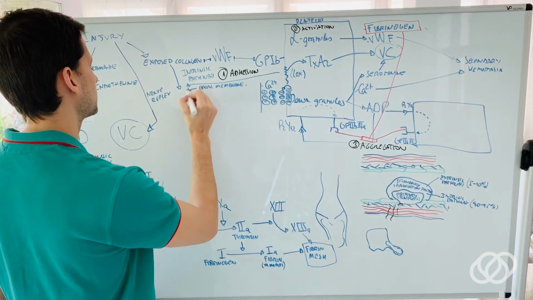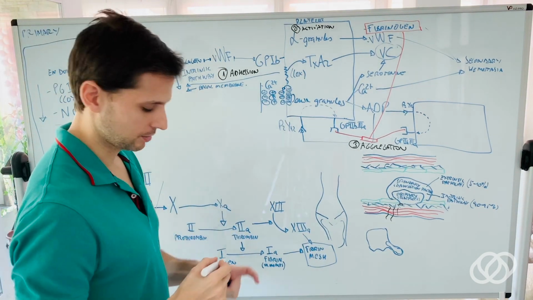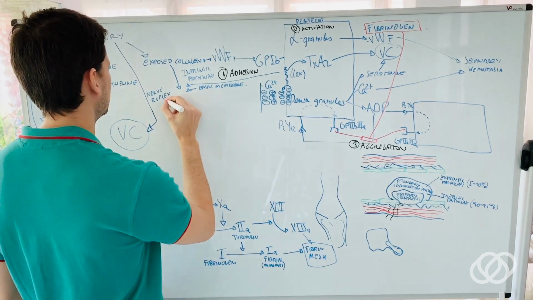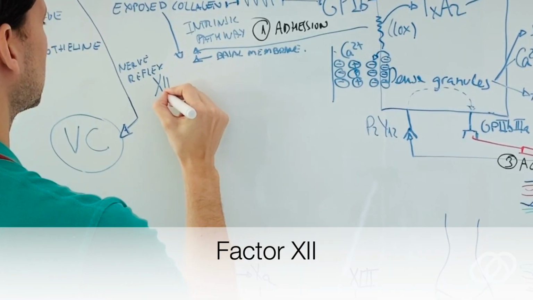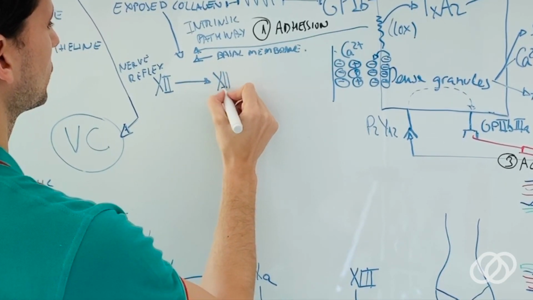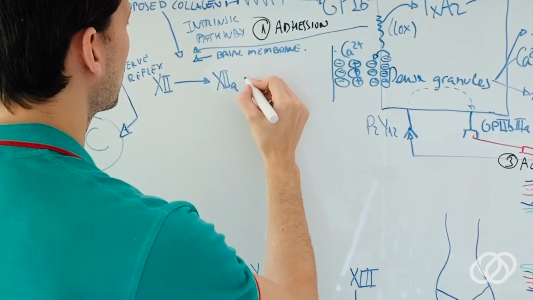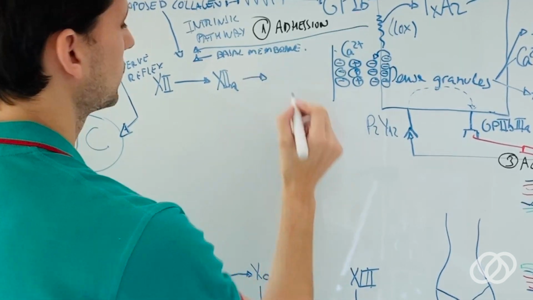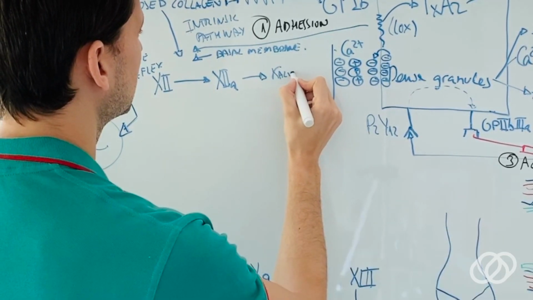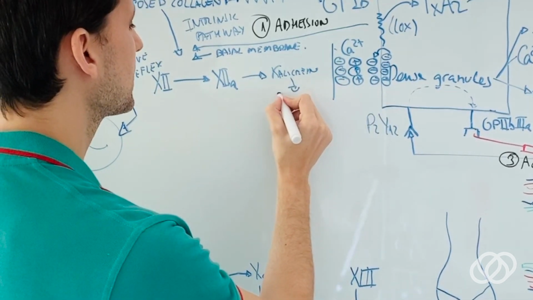All of them can start it. In that case, the coagulation factor that will be activated is factor 12. Factor 12 gets activated and turns into activated factor 12. This factor 12 also, through the kallikrein pathway, is able to release bradykinin.